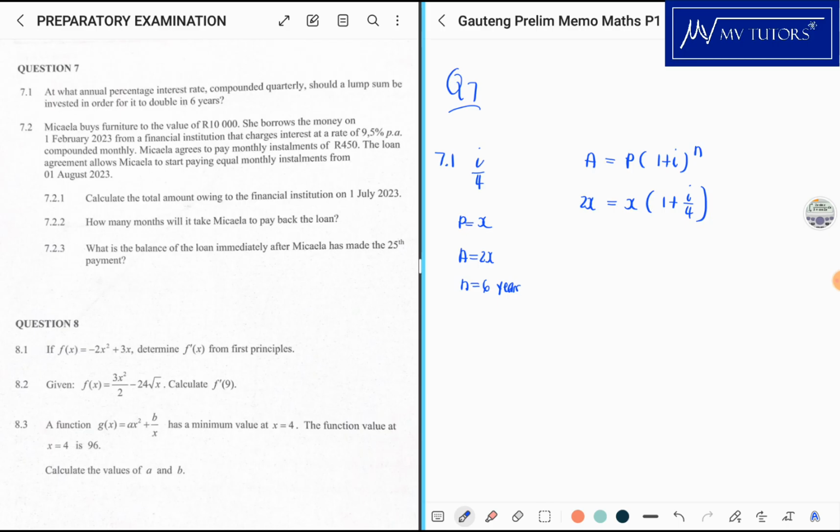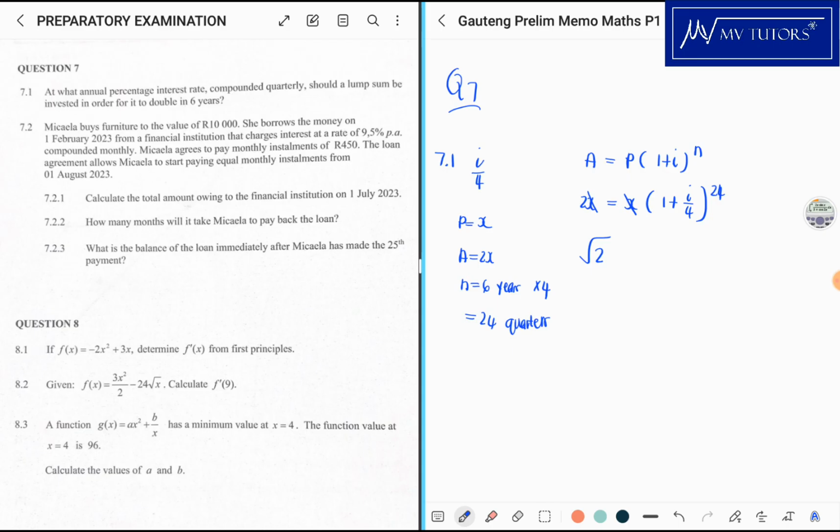Actually, n, we want it in quarters, right? So it's basically 24 quarters. So basically n will be 24. Okay, so now let's see how we can solve this. The x's are going to cancel. So I have 2.